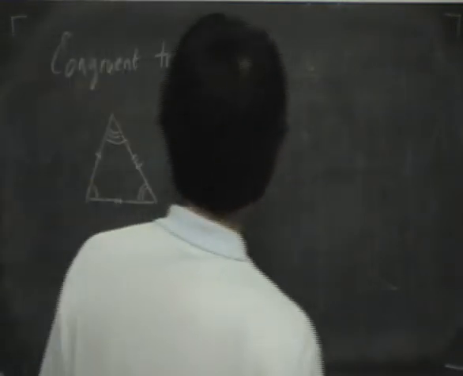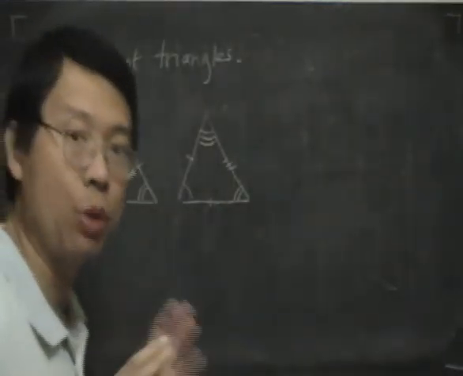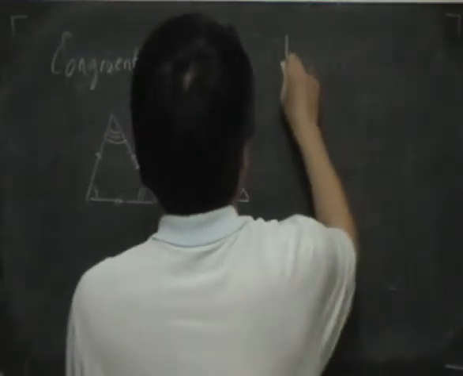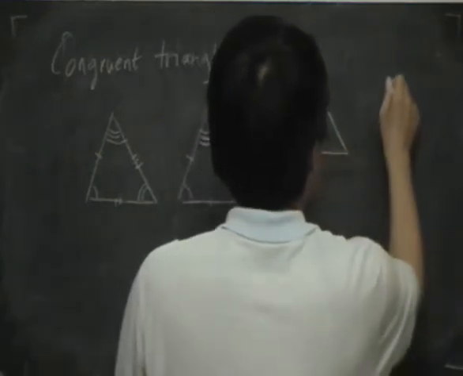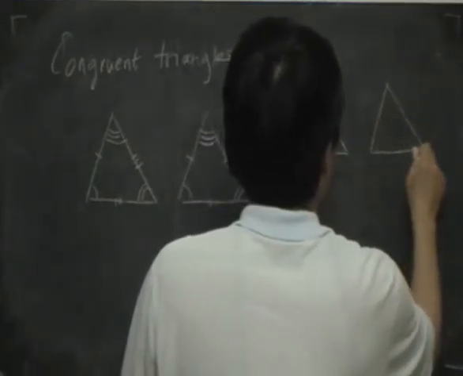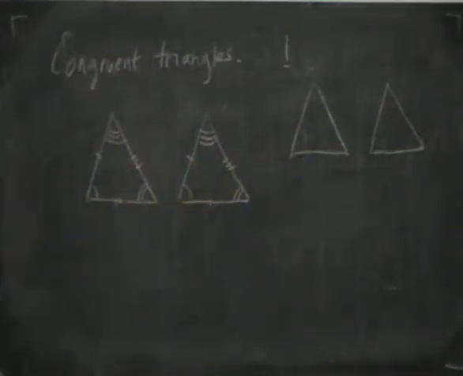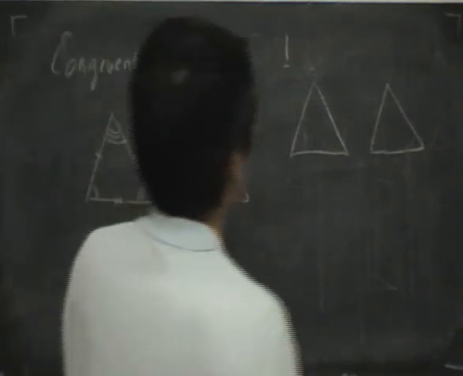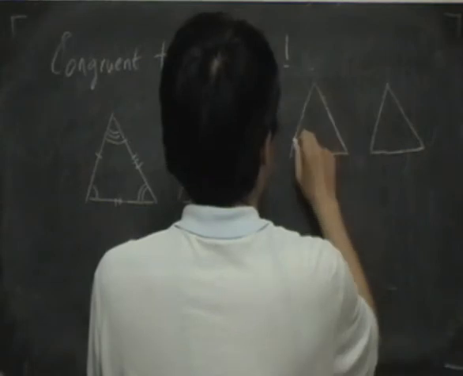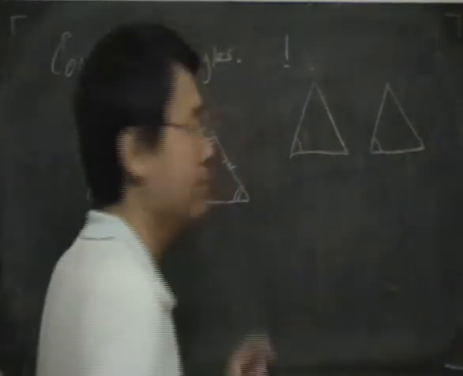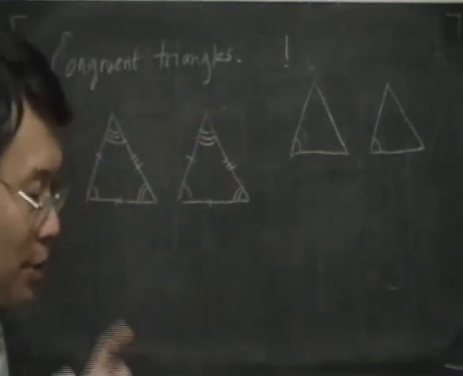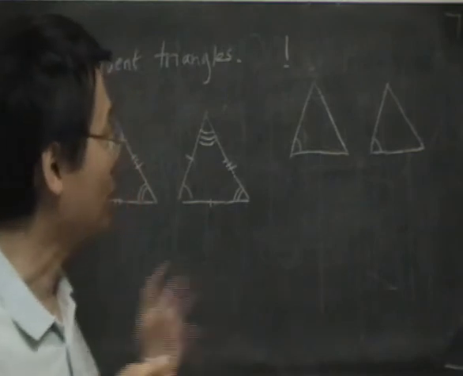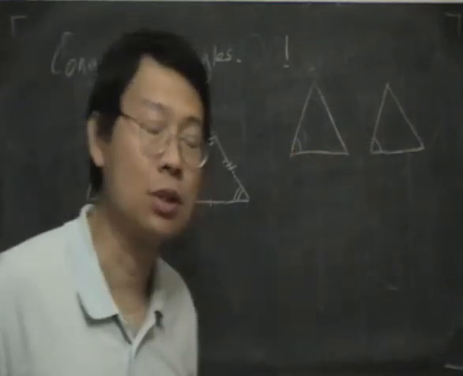Alright, now next, let's look at the possible conditions. So suppose we have 2 triangles, like that. Suppose that we are given that those 2 triangles are equal.